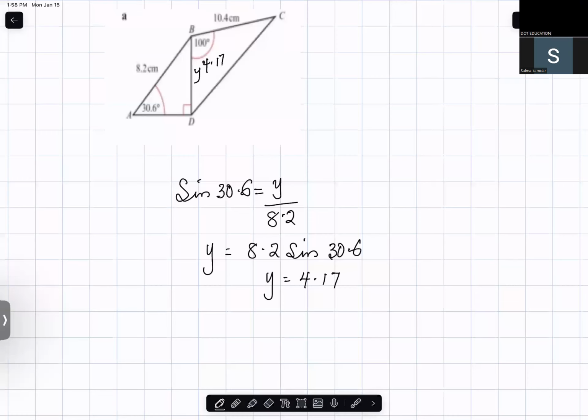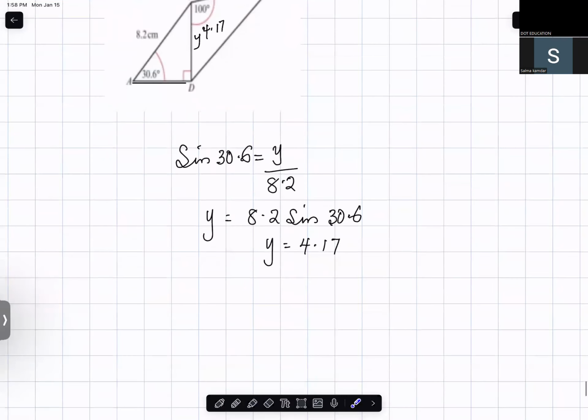Then we look for AD. We'll be looking for our line AD here. So in looking for AD, we still apply our SOHCAHTOA formula to find any of this.